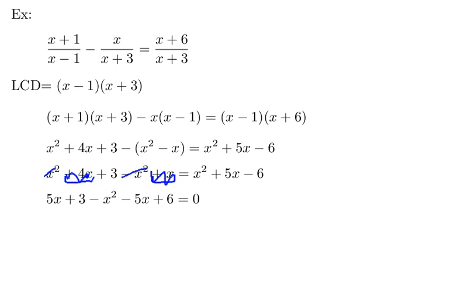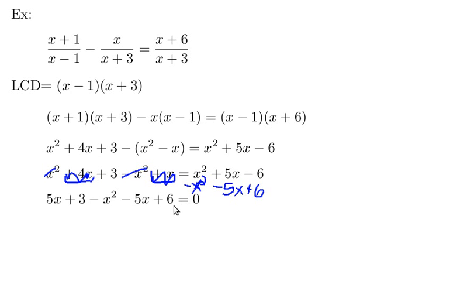Plus 6. If I'm subtracting this from both sides, I'll be subtracting x squared. So I'll be subtracting it from this side too, subtracting 5x. But then to cancel this negative 6, I'll be adding 6. Once again, I'm glad I caught that.